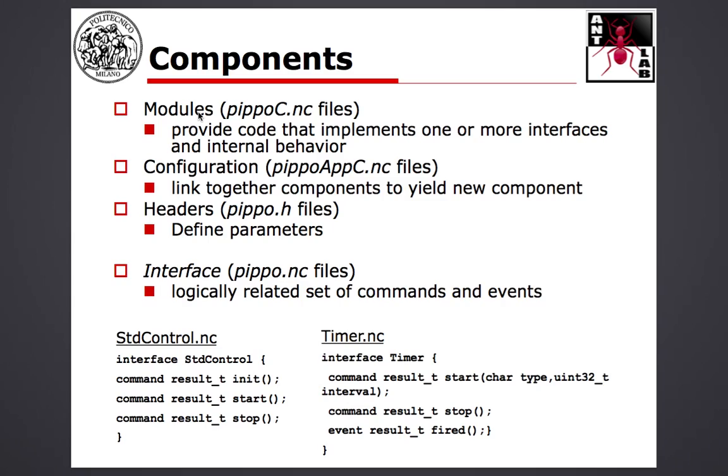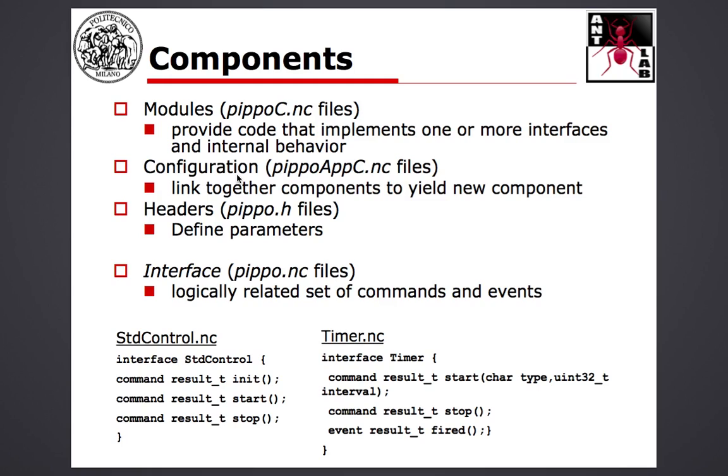We have modules, which provide the actual code implementation. Modules contain the actual logic of your application, basically the set of instructions that your application has to perform in order to do what you want it to do. Then we have configurations, which are the files where this gluing and wiring between different components is specified.